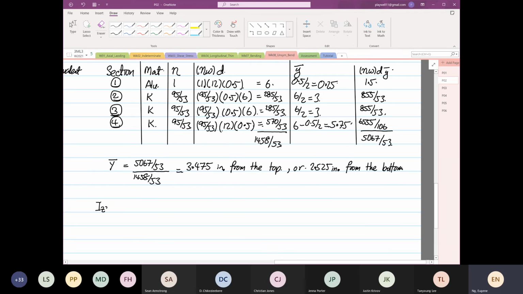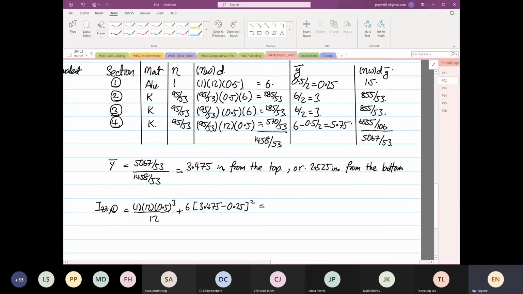Okay, so IZZ1. As I say, what you see is what I see. So the width is 1 multiplied by 12, 0.5 cubed divided by 12, plus the cross-sectional area, and then multiply by 3.475 minus 0.25 squared.